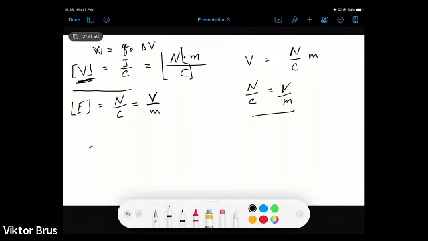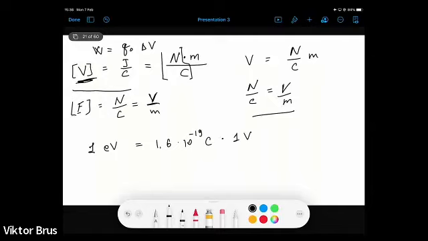So 1 electron volt is energy, like potential energy, which has electric charge, which is 1.6 times 10 to minus 19 Coulomb, at a potential of 1 volt.